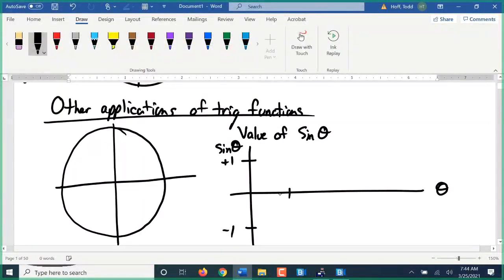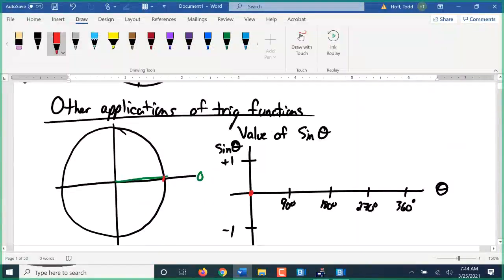I'll label this 90 degrees, 180 degrees, 270 degrees, 360 degrees. So at 0 degrees here, the sine, which is this height, is 0.